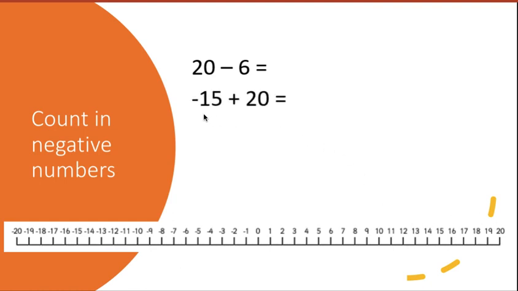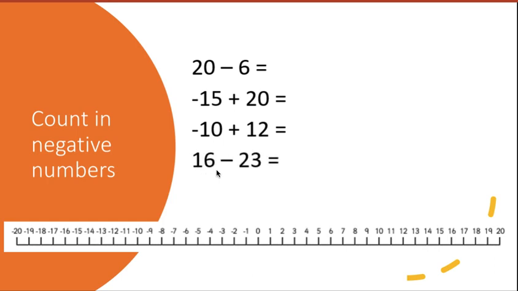Then you've got -15 plus 20. That's -15, count on 20. So you can start on -15 and you can count on 20. Then we've got -10, count on 12. -10 plus 12.